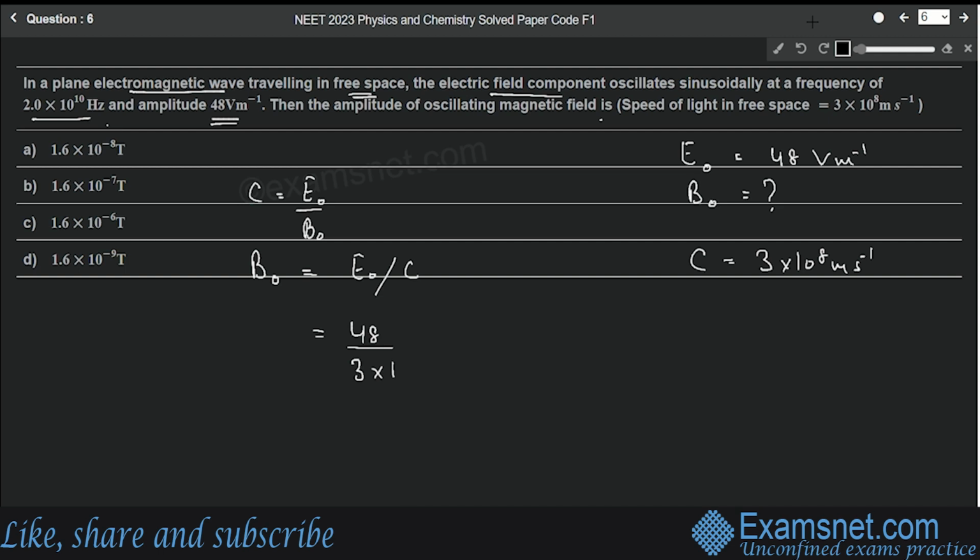So we get 16 into 10 to the power minus 8, and the unit will be Tesla. It can be written as 1.6 into 10 to the power minus 7 Tesla. So the correct option is option B, 1.6 into 10 to the power minus 7 Tesla.